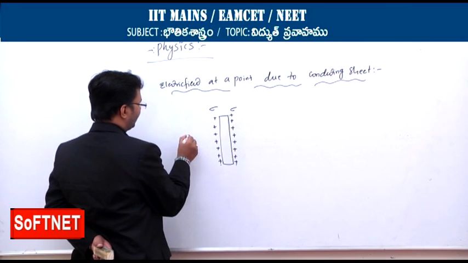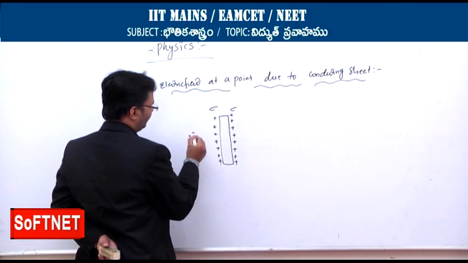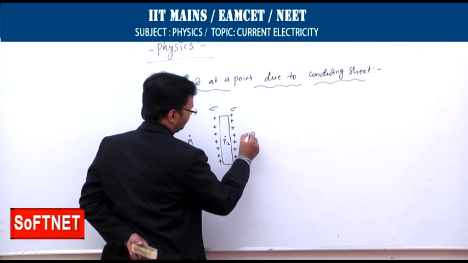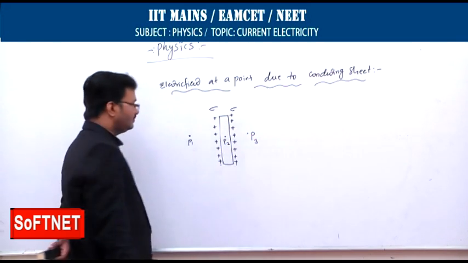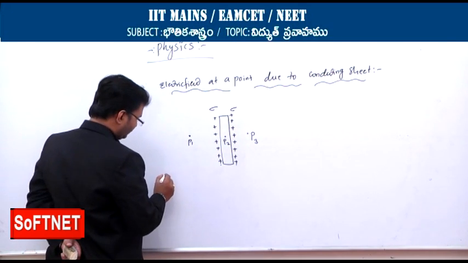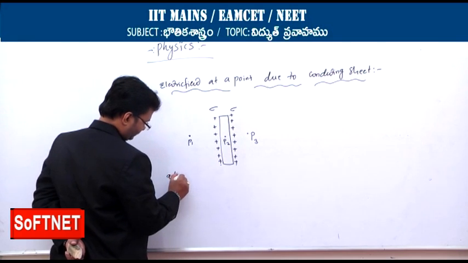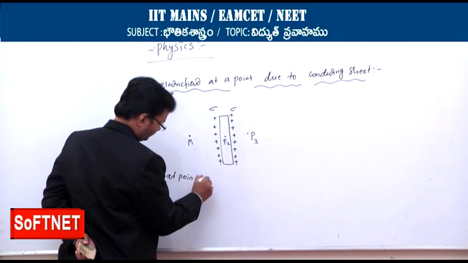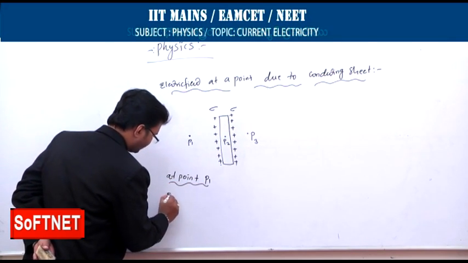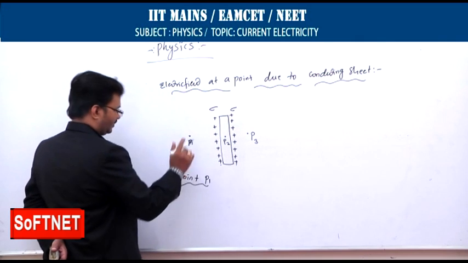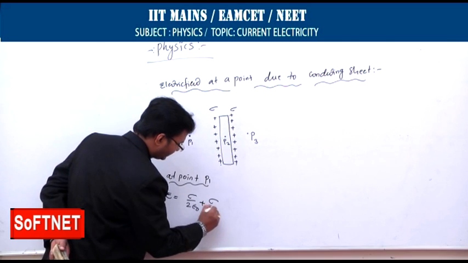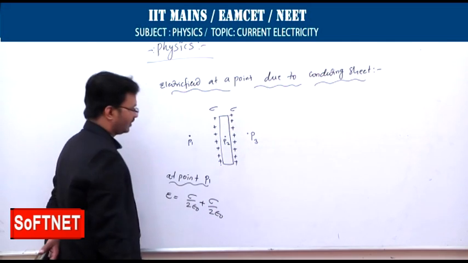Now, consider 3 points: P1, P2, P3. Now, we discuss the electric field at these points. At point P1, E is equal to sigma by 2 epsilon naught plus sigma by 2 epsilon naught only.